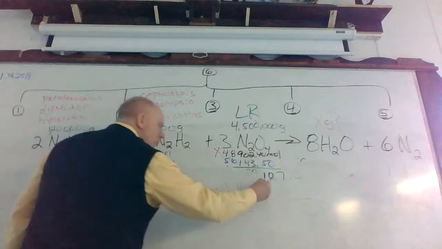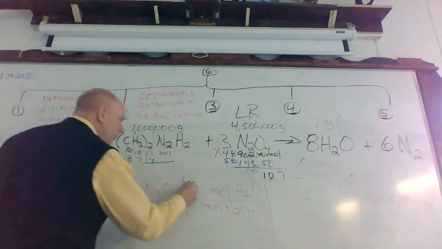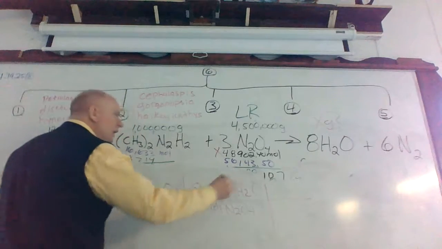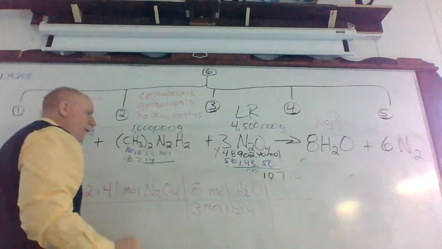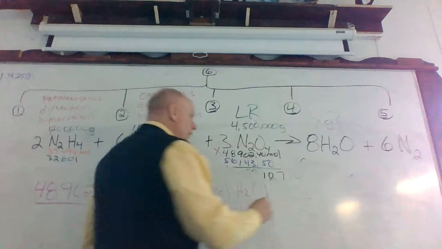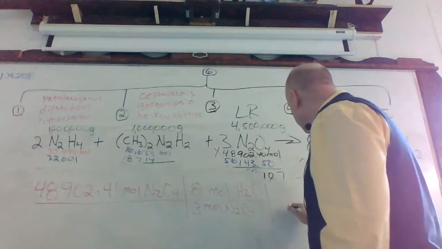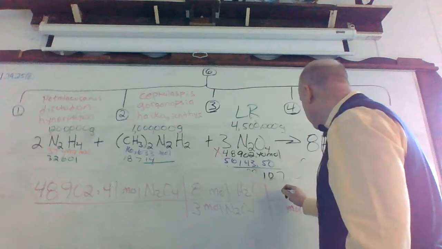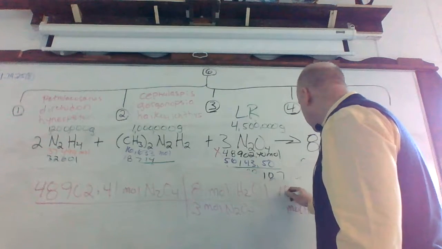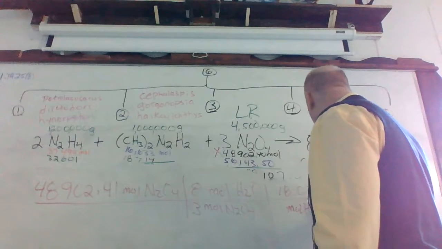Okay? We've got a mole-to-mole ratio. 8 on the top, 3 on the bottom, because the 8 comes from here, the 3 comes from there, your coefficients. Now we're on the home stretch. So for every mole of H2O, how many grams do we get? 18.02. Now, that's going to be in grams.